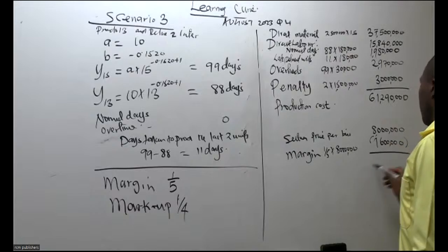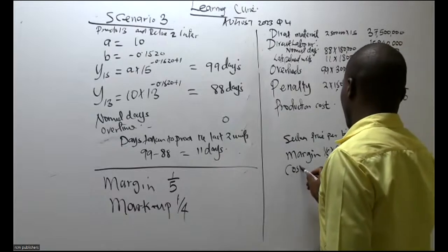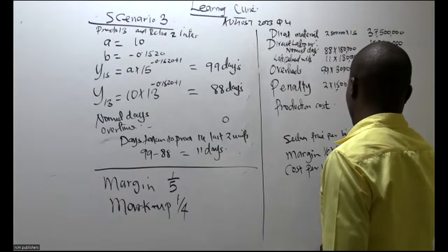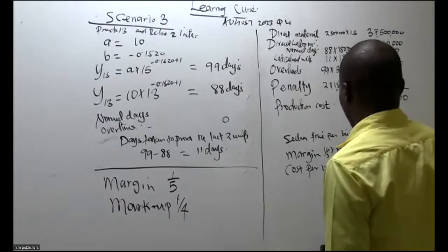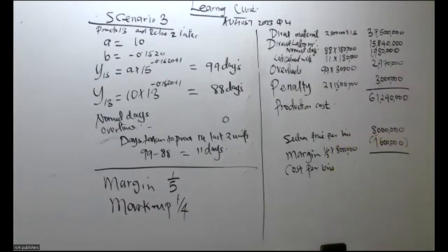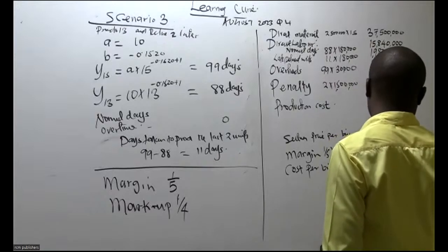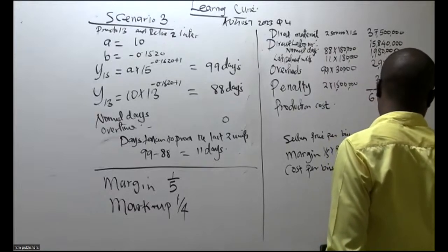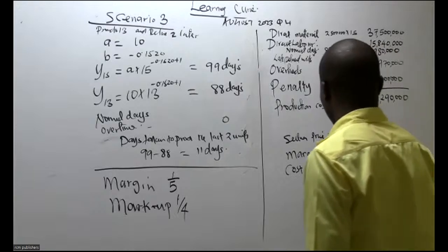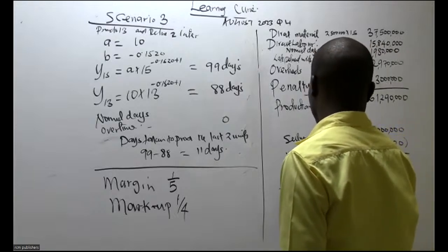Ukitoa hiyo unapata ngapi? Cost per bus unapata 6,400,000.